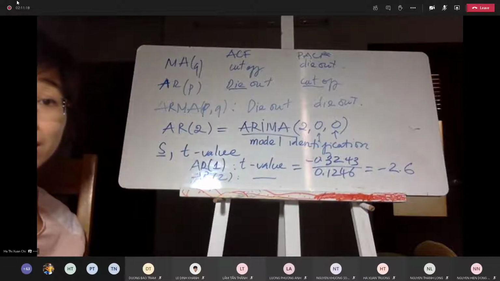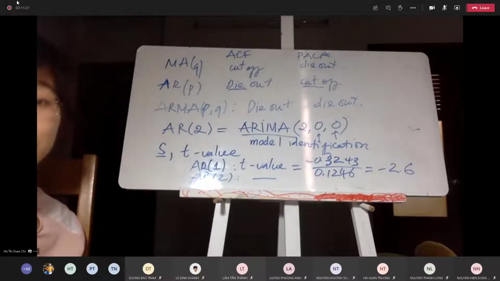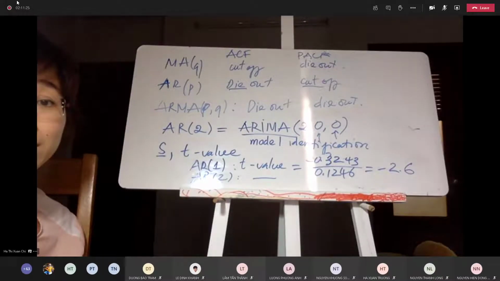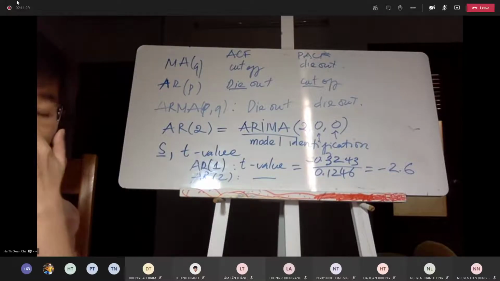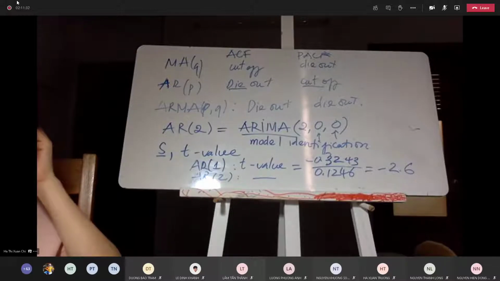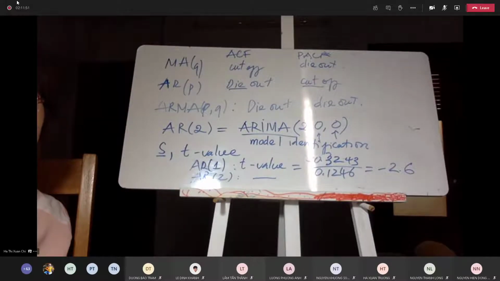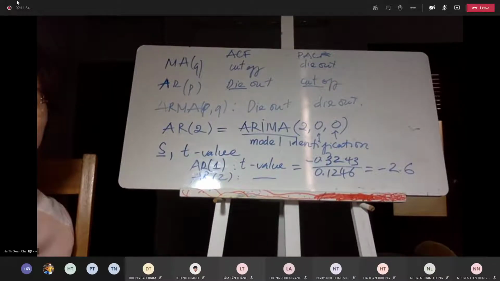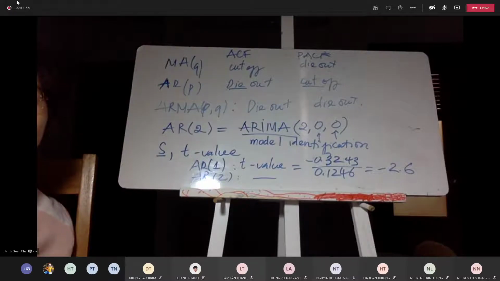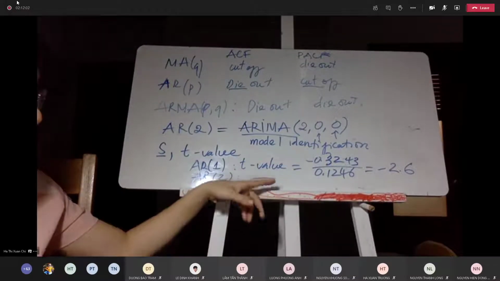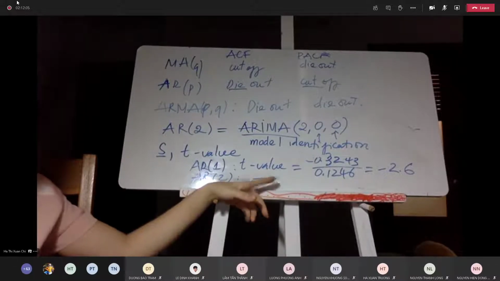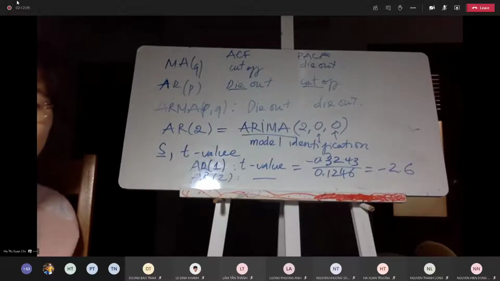So if we go back with this one, here we just find the T value and p value. That is, we check whether we accept that.